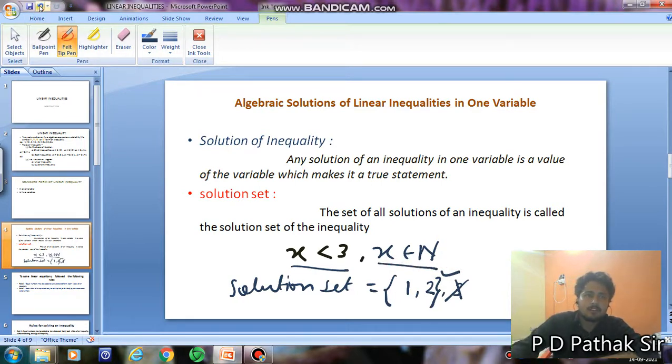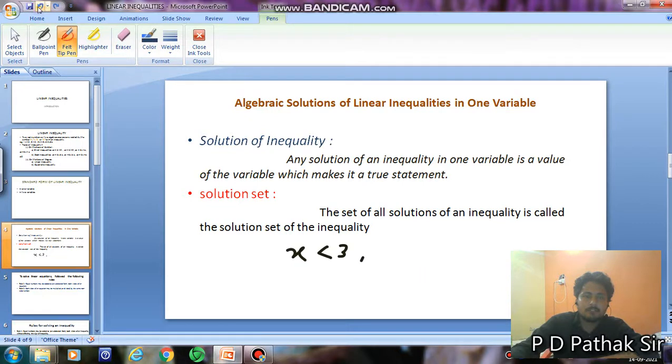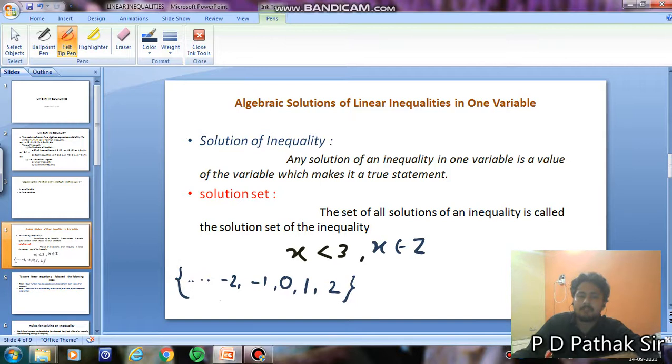Similarly, if I change x belongs to N to x belongs to Z, what is the solution set for this? The solution set is 2, 1, 0, meaning the maximum value can be 2 if x belongs to Z, then minus 1, minus 2, and so on up to minus infinity.